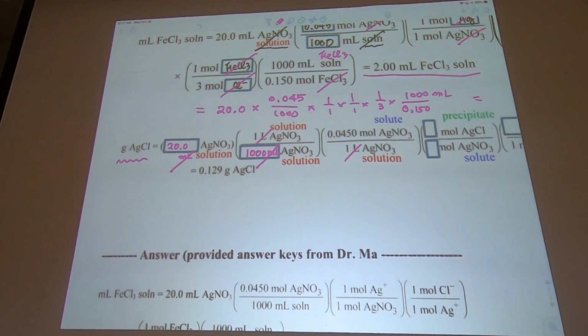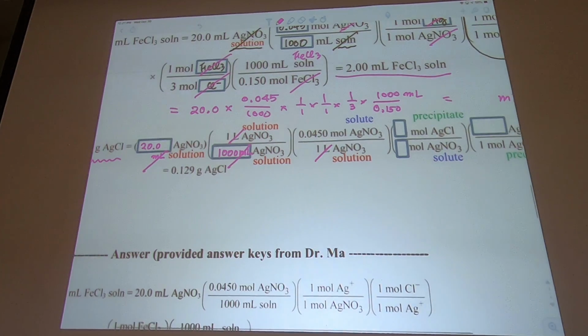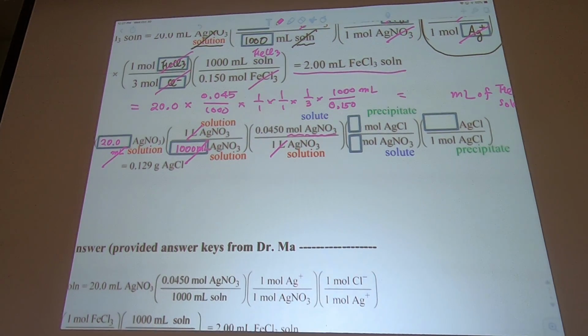Anyway, now using the concentration, I deal with the number of moles of AgNO3. And then looking at the reaction, what I want is AgNO3 and the AgCl that is formed from AgNO3, and it's a 1-to-1 correspondence, because AgNO3 produces Ag plus and NO3 minus, and this Ag plus essentially reacts and becomes AgCl.